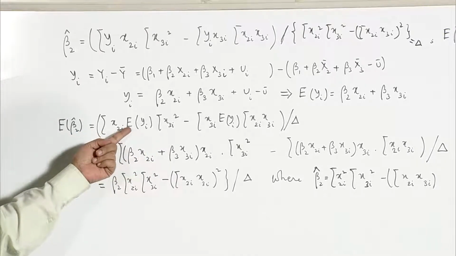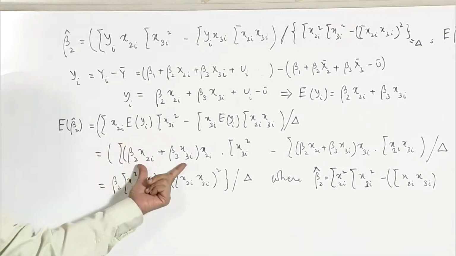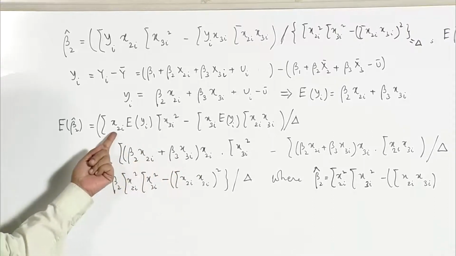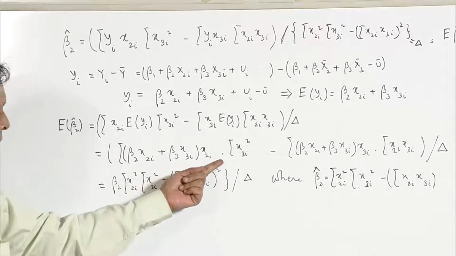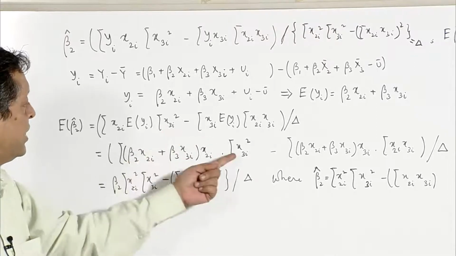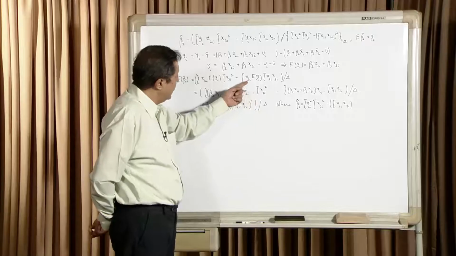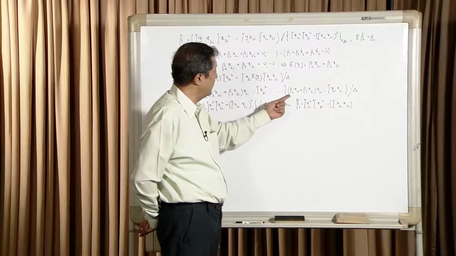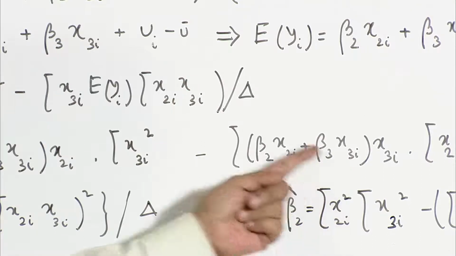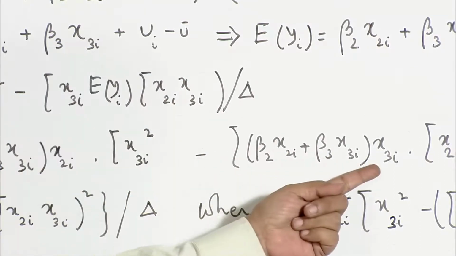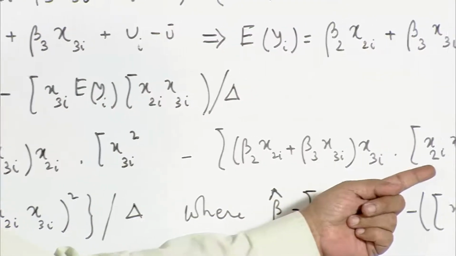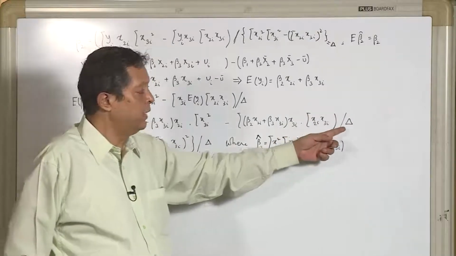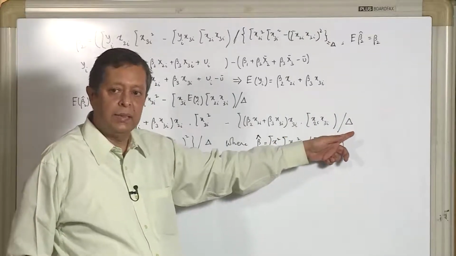Expectation yi is the term in the brackets multiplied by small x2i, the whole thing multiplied by summation x3i whole square, and then minus summation expectation yi, given as the term in the first bracket multiplied by x3i, and the whole thing multiplied by the product of x2i, x3i, and the entire numerator is divided by the term shown as delta.